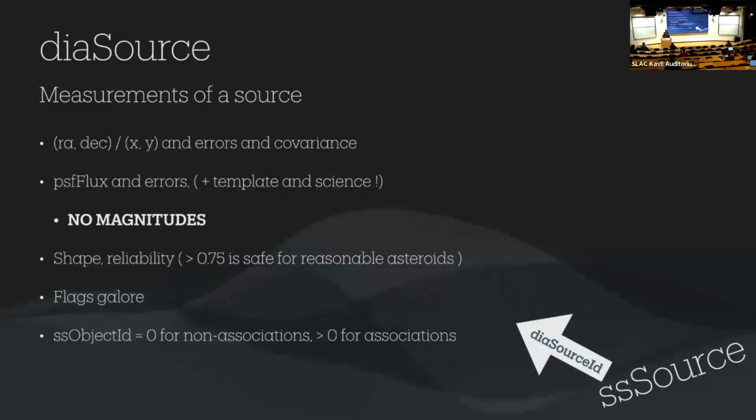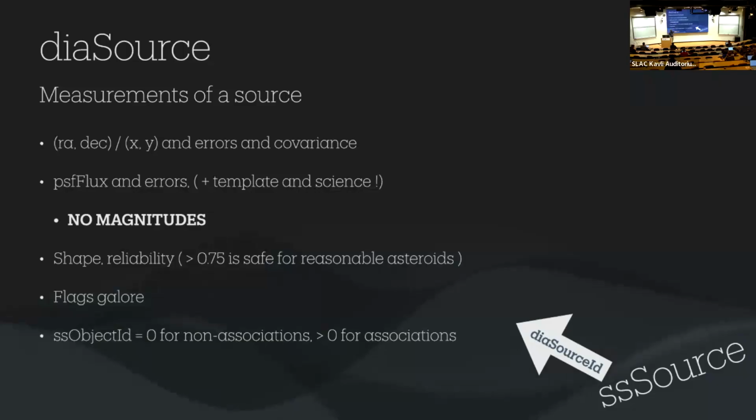So if you filter on reliability over 0.75, you're going to be very safe for asteroid science. I recommend doing it. There are all sorts of flags that tell you about the earlier pipeline's behavior, and dia sources will have SS object ID, the solar system object ID, set to 0 if they are not known to be asteroidal, if they're not associated with an SS source. They will have dia source SS object ID greater than 0 if they are associated to an asteroid.